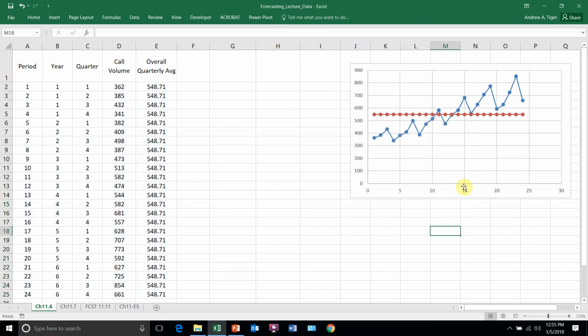There. So that's the overall average. That's just the average without seasonal effects. That's the first part. The next thing is that we calculate something called a seasonal ratio. What we do is we take what really happened and divide by the quarterly average.